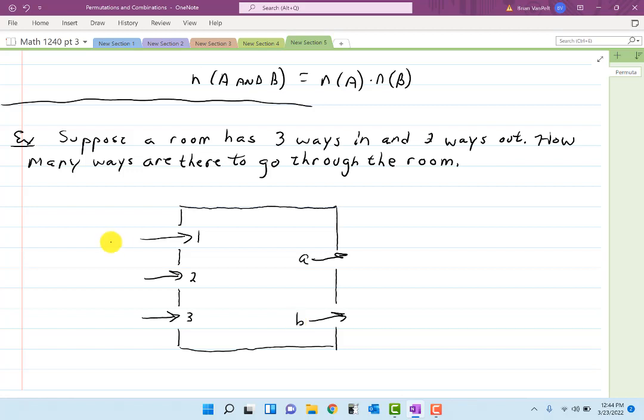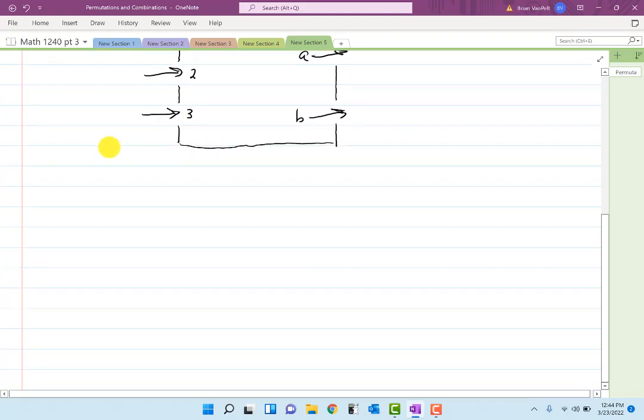So if you look, you could go in one and then you'd have any of 2 choices to go out. And as you could see, for each of the 3 possibilities for going in, there's 2 ways out. That gives us a total of 6 ways. And you can even see it easier by taking a look at a diagram where our first choice was the way in. So I could say that this was 1, 2, or 3.